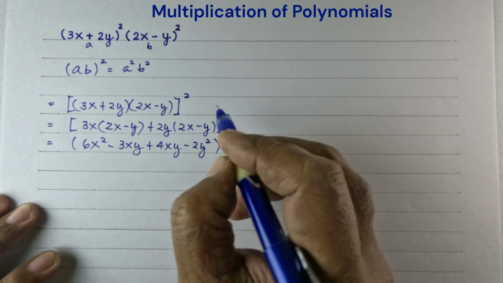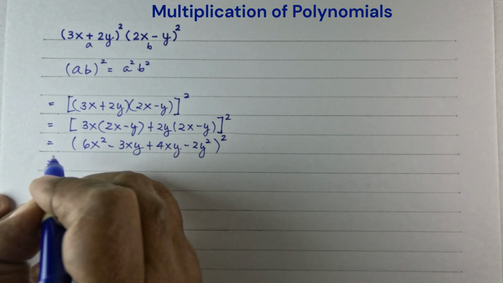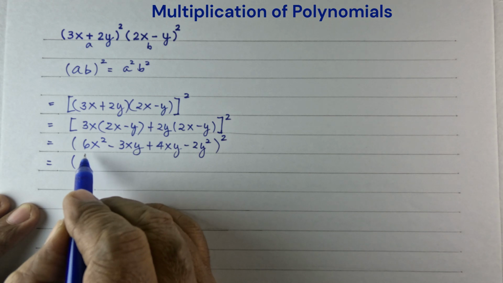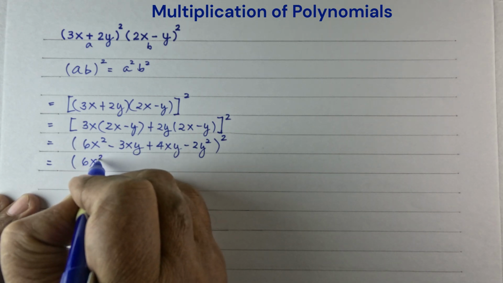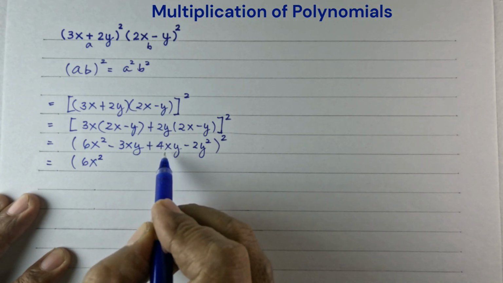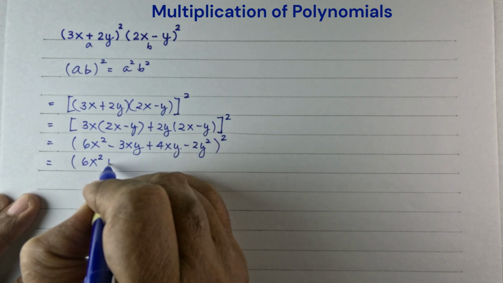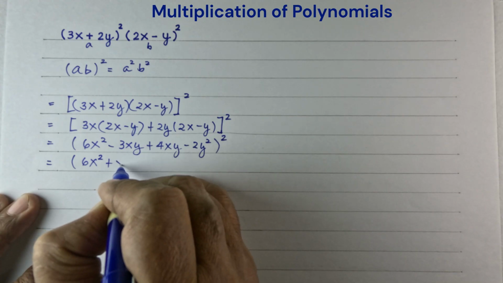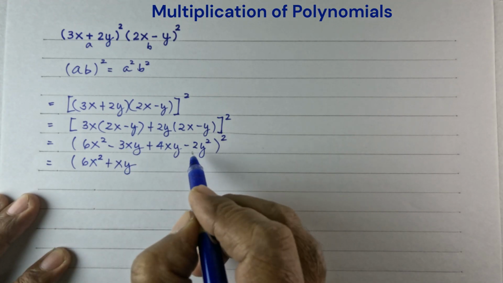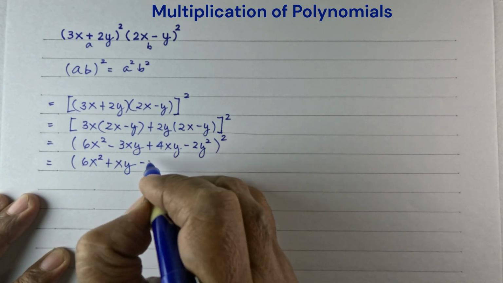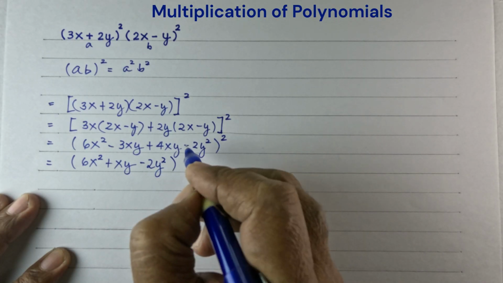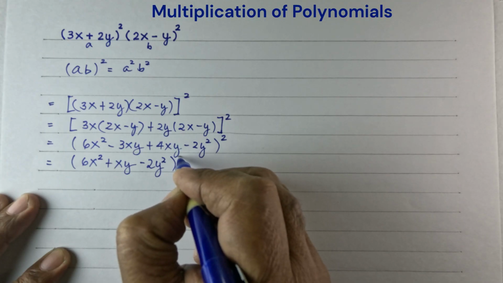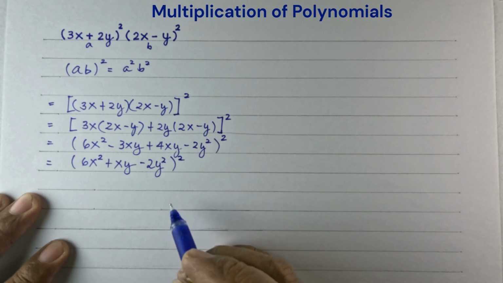Quantity squared. So that's 6x squared, minus 3xy plus 4xy is plus xy, minus 2y squared, quantity raised to the second power.